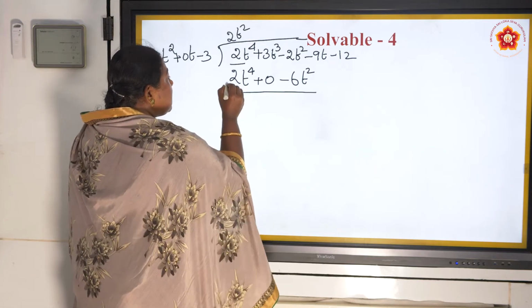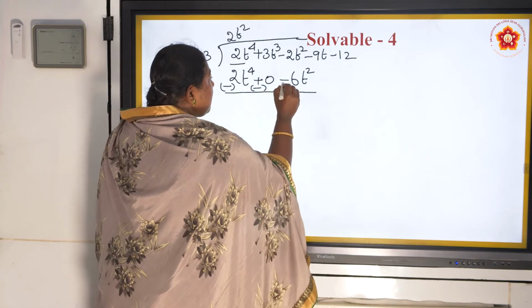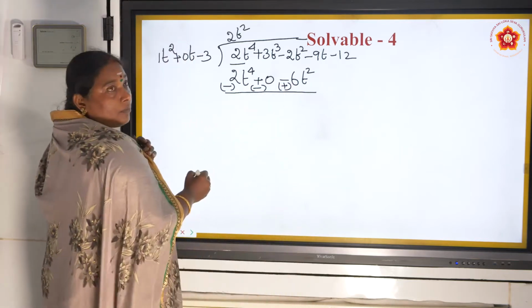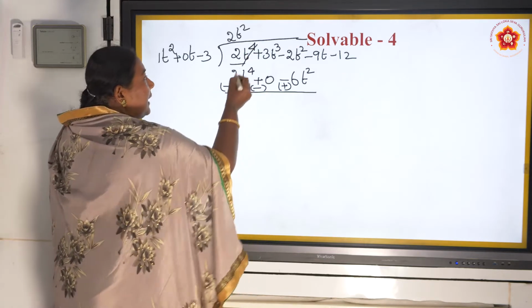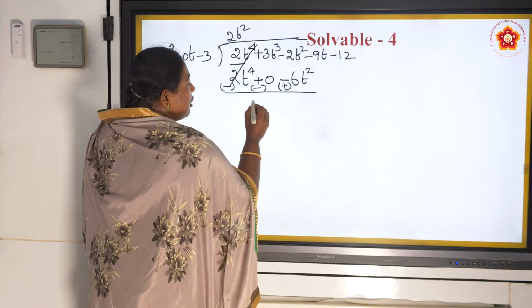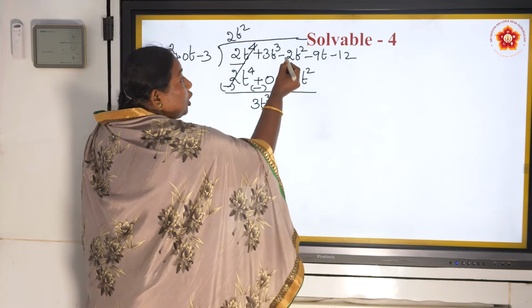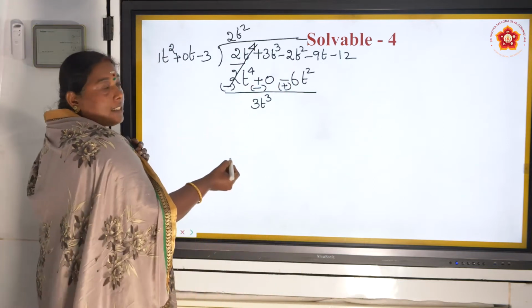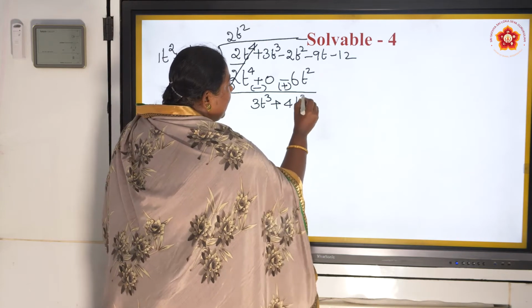Since it is a plus term, I am changing it as minus, minus, plus. So 2t power 4 minus 2t power 4 gets cancelled, right? Balance, 3 minus 0 is 3t cube. Next, minus 2 plus 6, what I get? Plus 4t square.